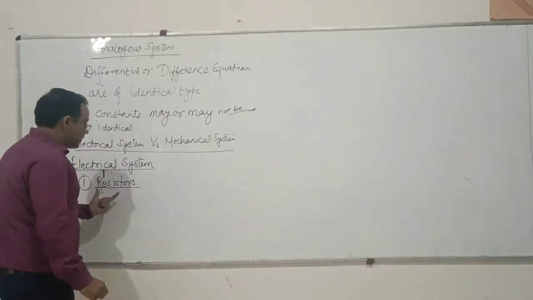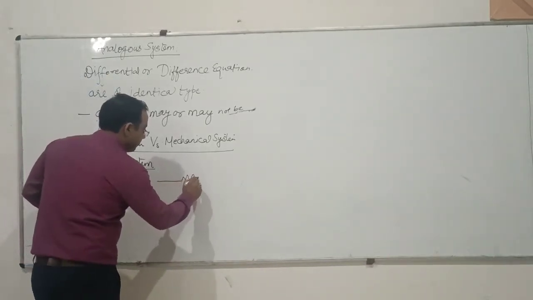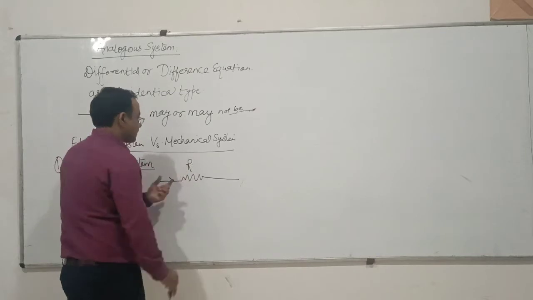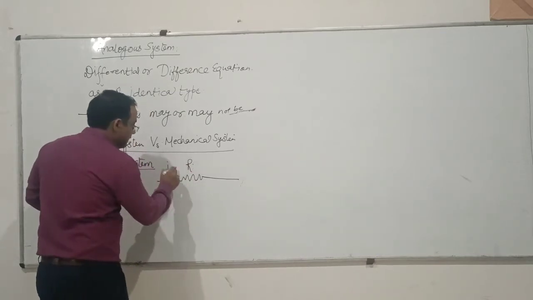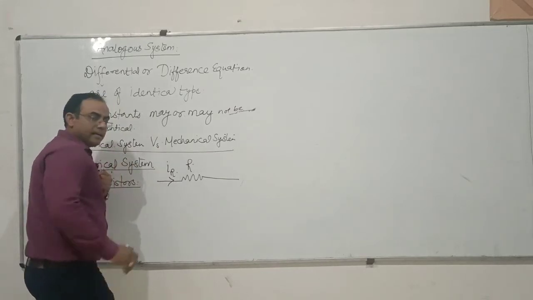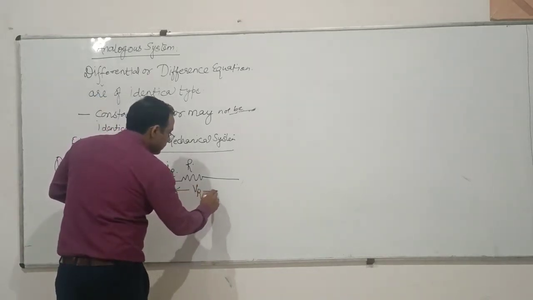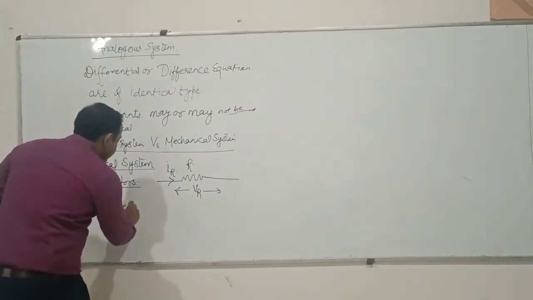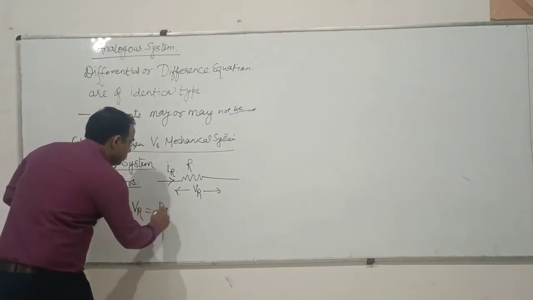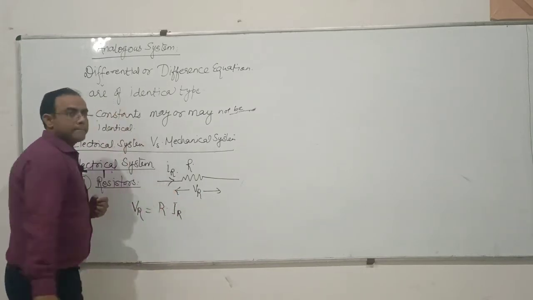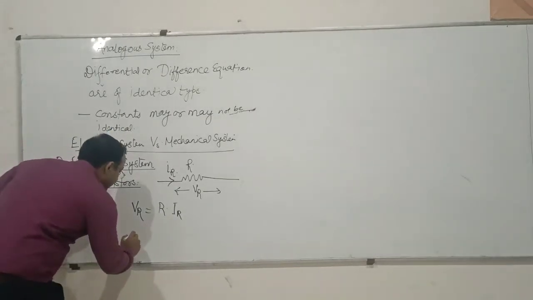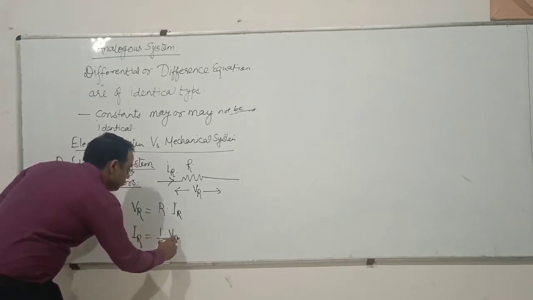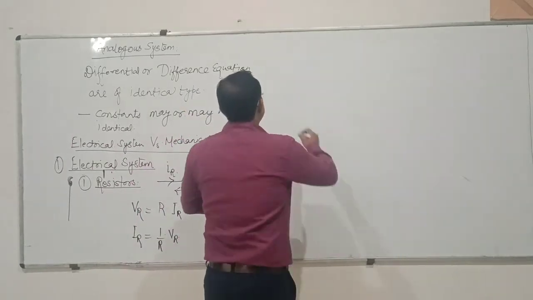If we consider the resistor with resistance R, the current along this resistor is IR and the voltage across the resistor is VR, then VR equals R into IR. And if we take this equation in the form of current, then it is IR equals 1 upon R into VR.